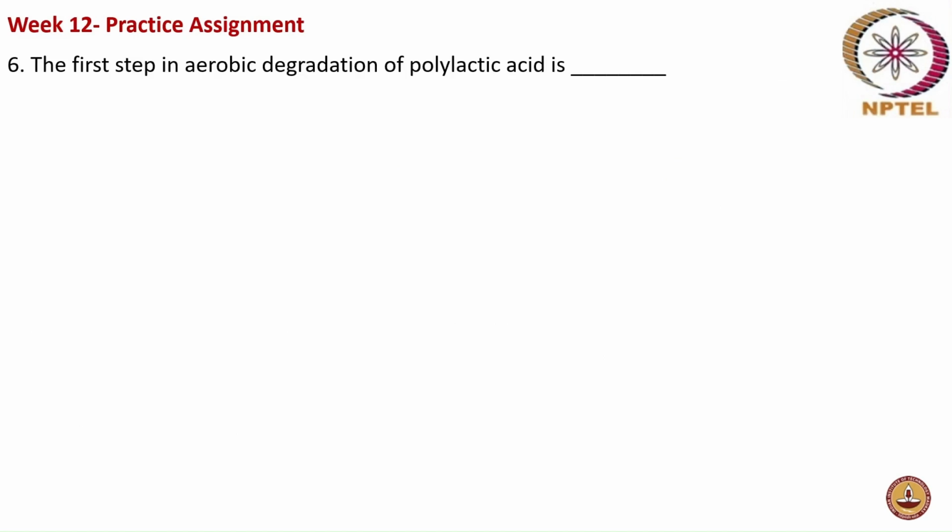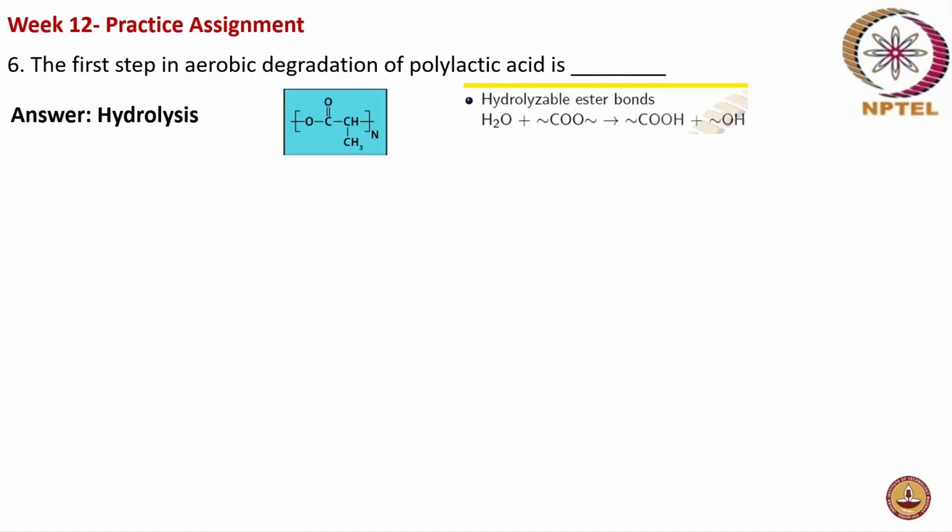The first step in aerobic degradation of polylactic acid is, what is this first step in aerobic degradation of polylactic acid? The answer is hydrolysis.